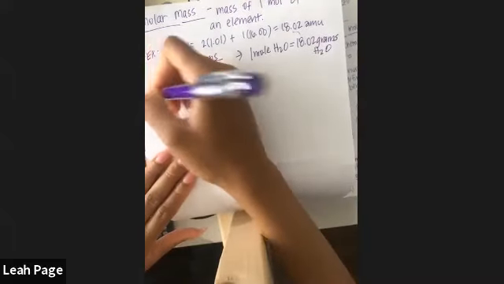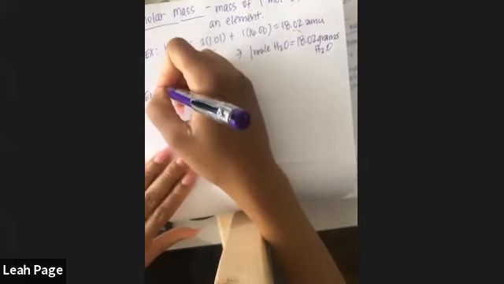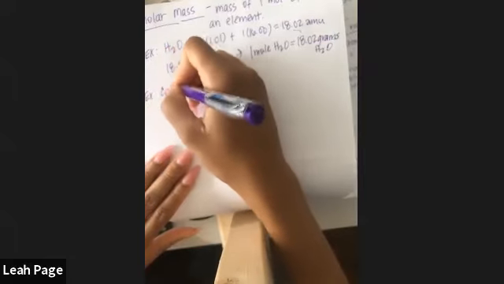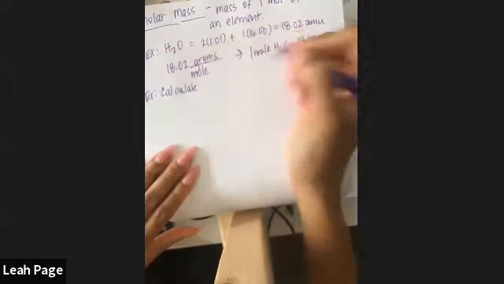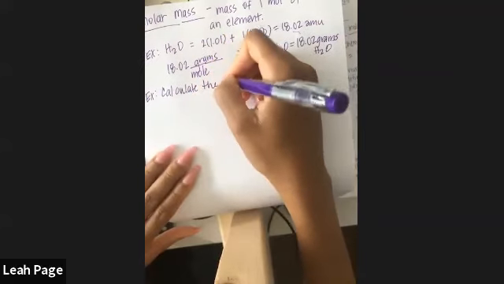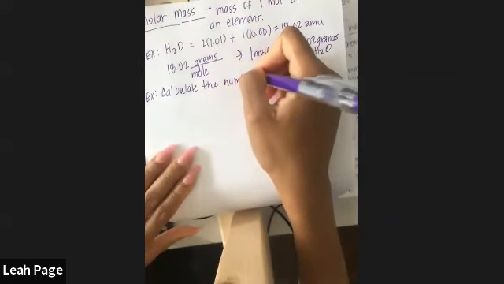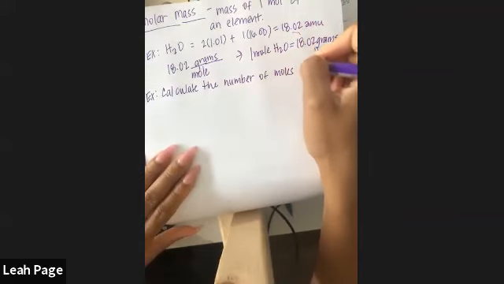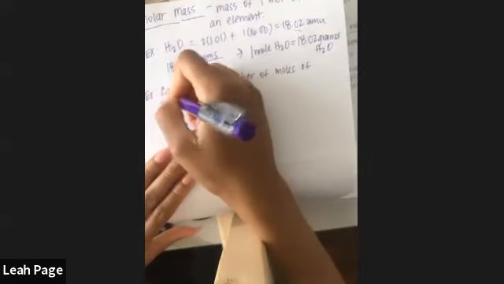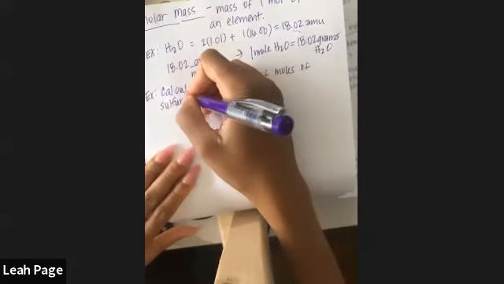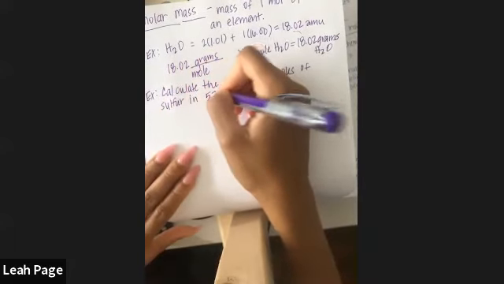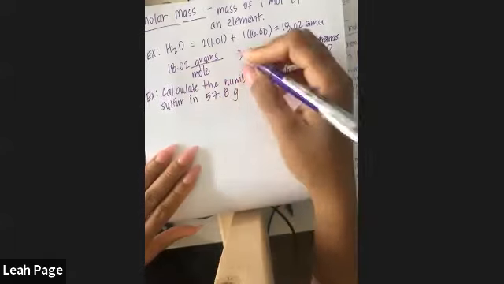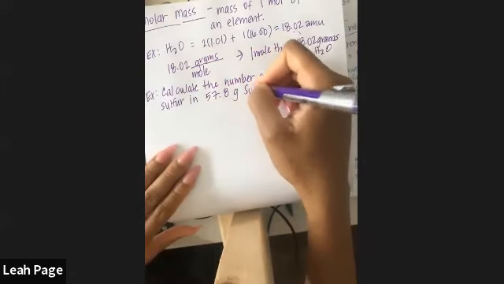So let's do an example that says, calculate the number of moles of sulfur in 57.8 grams of sulfur.